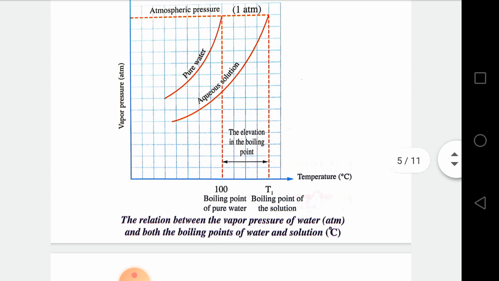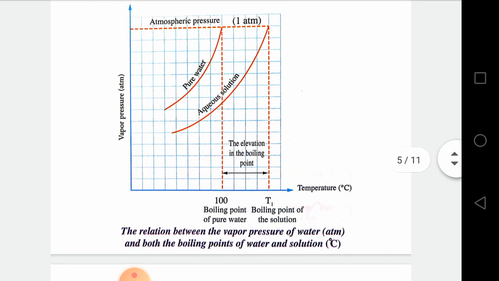The pure water will be boiled, as seen here, at 10 degrees Celsius, while the aqueous solution of any substance has a higher boiling point. This is because the vapor pressure of pure water is higher than the vapor pressure of the solution at the same temperature and pressure.